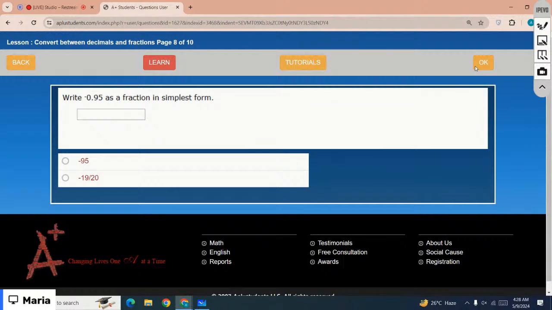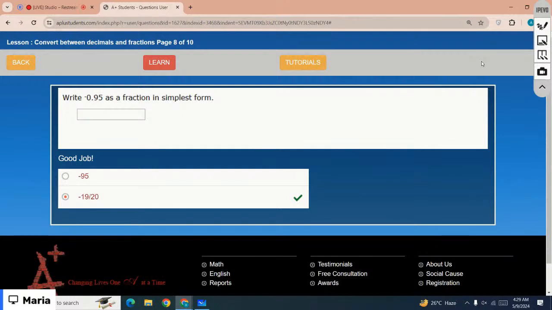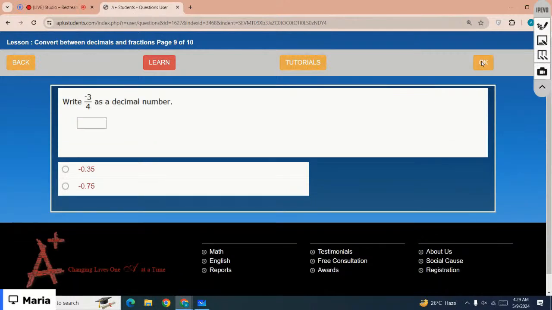Write negative 0.95 as a fraction in simplest form. So which is the correct option? That would be negative 19 over 20. Write negative 3 by 4 as a decimal number.